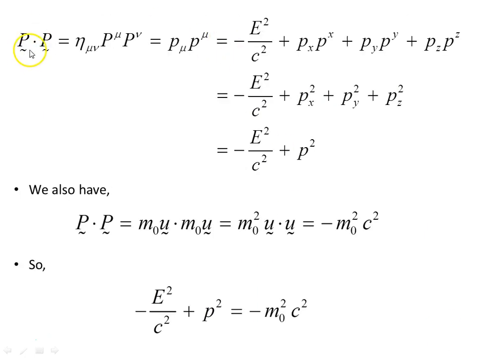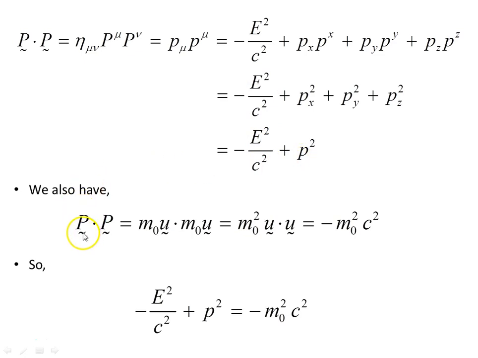Alright, the square of that interval, p dot p, with the eta matrix again, the 4x4 Minkowski metric, and here are the contravariant components of the vector. Putting this in action, we get this object here, and that ends up giving us minus E squared over c squared plus p squared.